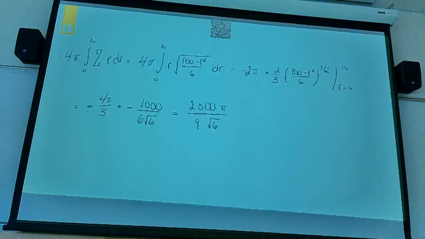So it does go away, right? Negative 2r. So we multiply by minus 1 half, so you're going to have that r dr. Should be 4,000 pi over 3 root 6.